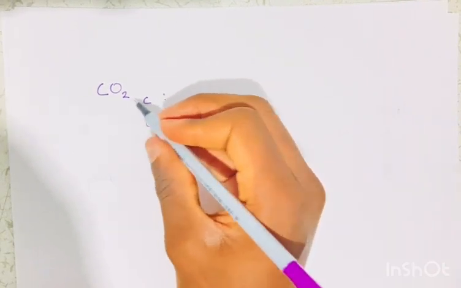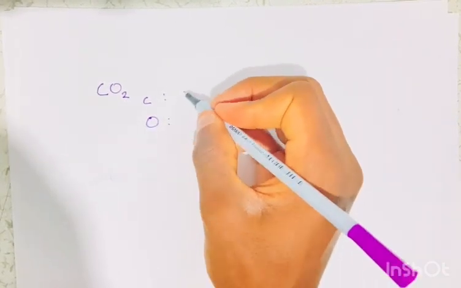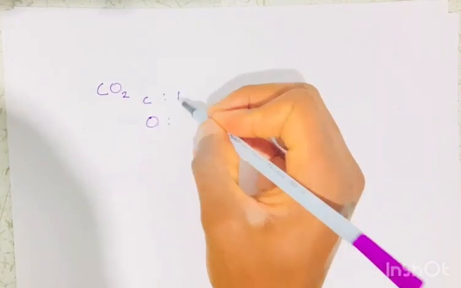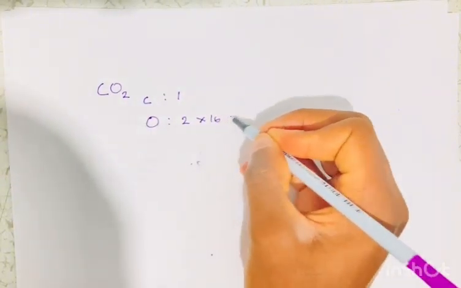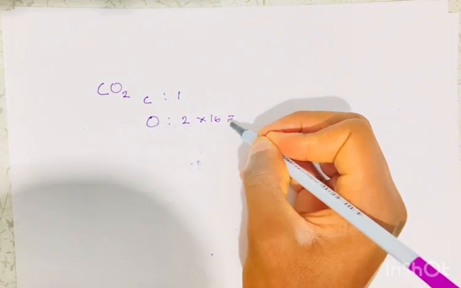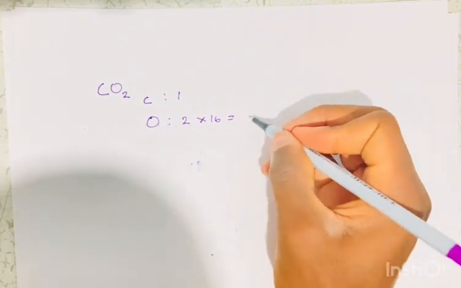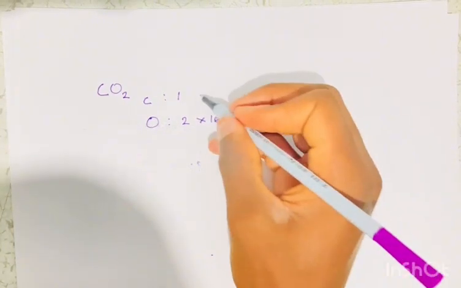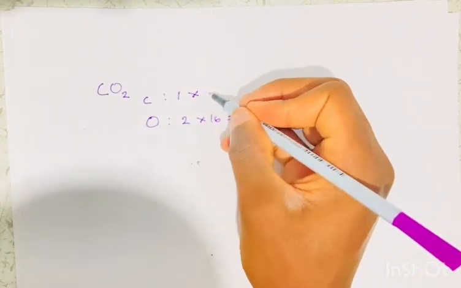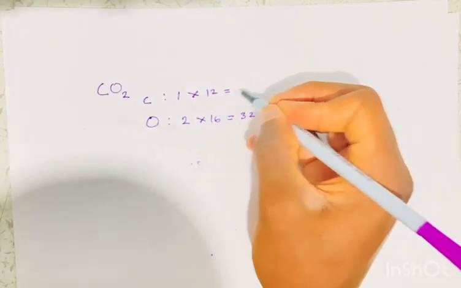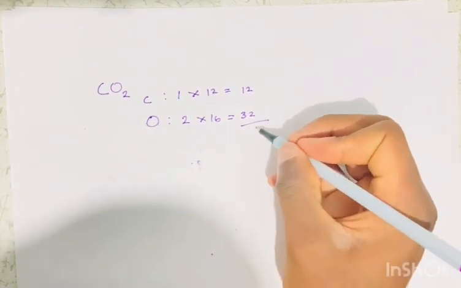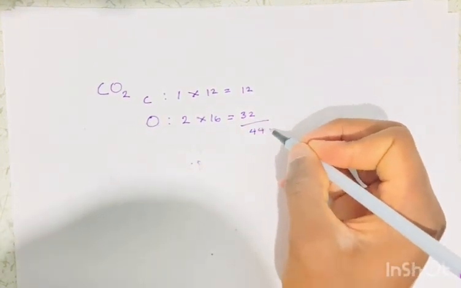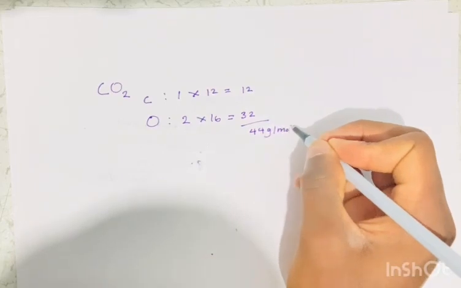Carbon there is 1, oxygen there is 2, so 2 times 16 will be equal to 32. Carbon is 12. So 12 plus 32 will be equal to 44 grams per mole.